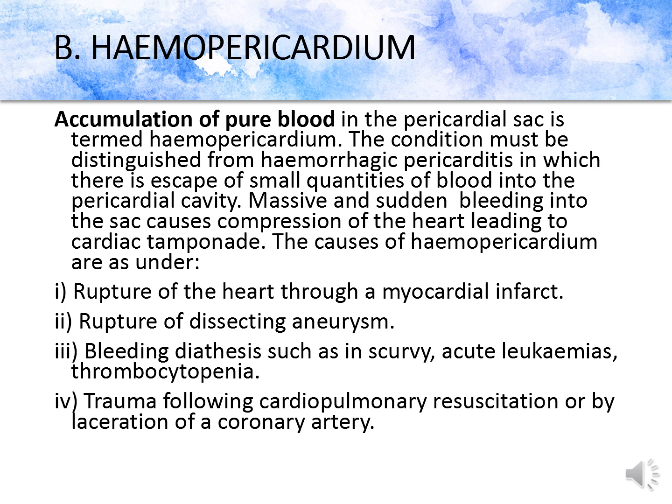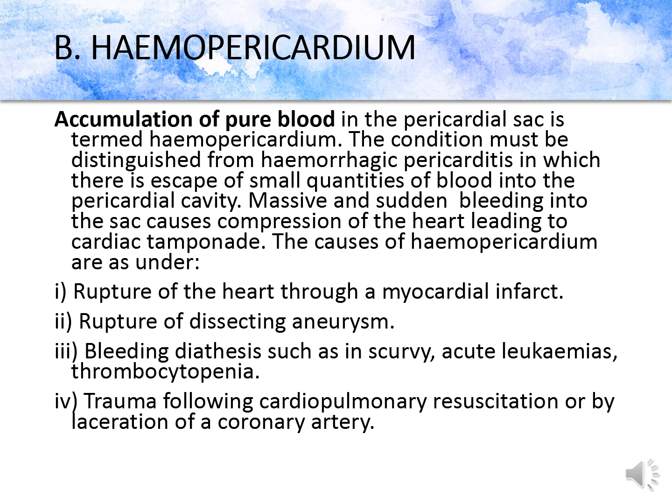Hemopericardium is accumulation of pure blood in pericardial sac, and this condition must be distinguished from hemorrhagic pericarditis, in which there is escape of small quantities of blood into pericardial cavity. Massive and sudden bleeding into the sac causes compression of the heart, leading to cardiac tamponade.